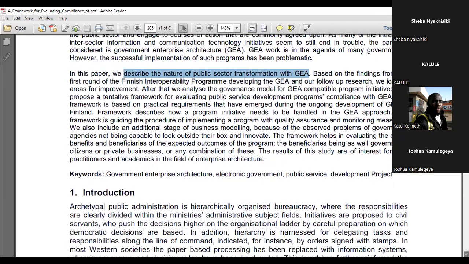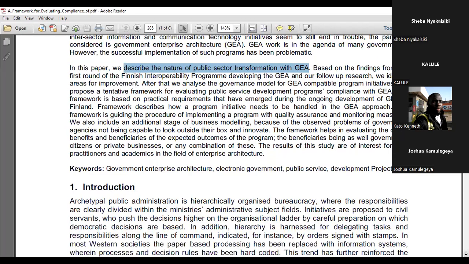This area is quite new, and they are embarking on a descriptive research whose objective at the end is to point out areas that need to be improved, where there can be implementations, maybe of frameworks, of models and things like that. After that, we analyze the governance model for GEA compatibility program initiatives. We propose a tentative framework for evaluating public service development programs' compliance with GEA.